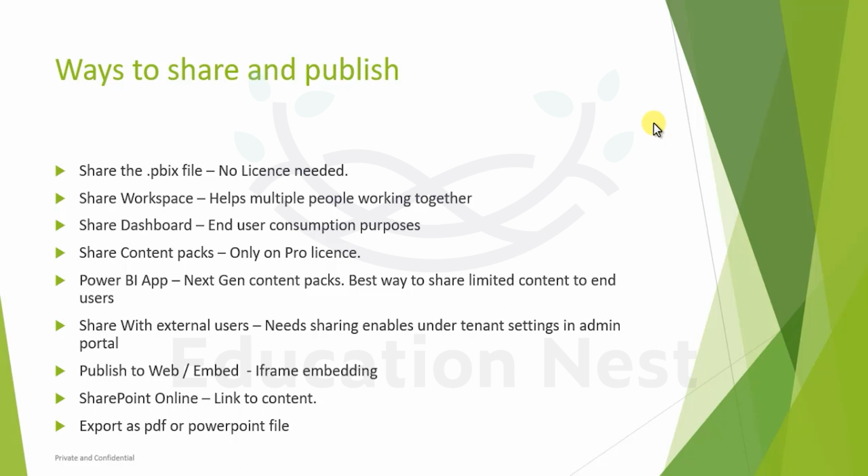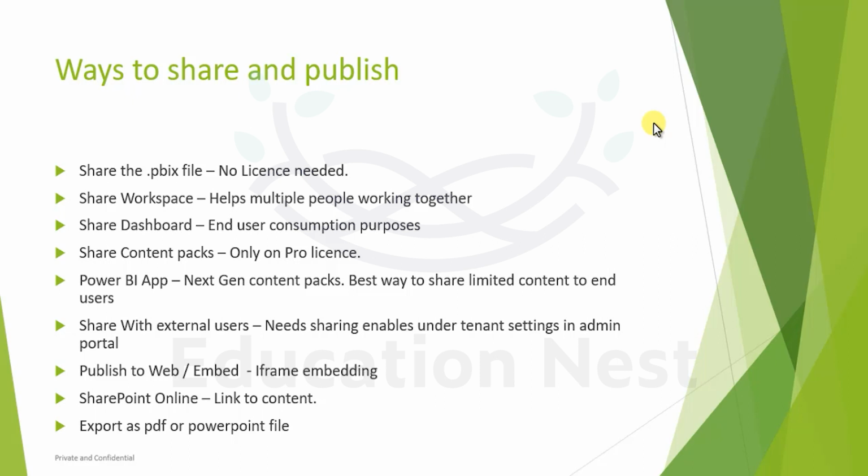The first option is sharing a .pbix file. The best, simplest, cheapest option is sharing the files. It is similar to your entire dashboard creation file, which you build on your desktop, to be passed on to other users for them to consume the content.